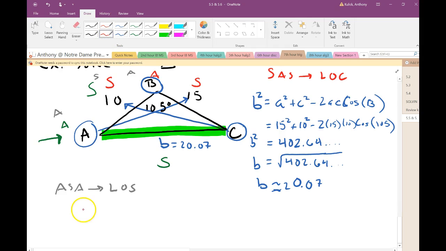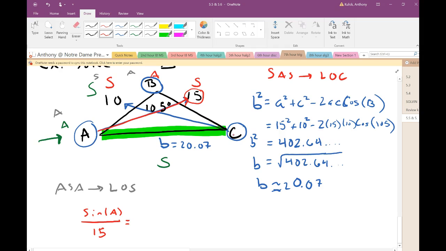So what I'm going to say for the law of sines is sine of angle A over, what side is opposite angle A? 15 equals, now what other angle do I have to use here? Can I use angle C? No, why not? I don't know what it is.